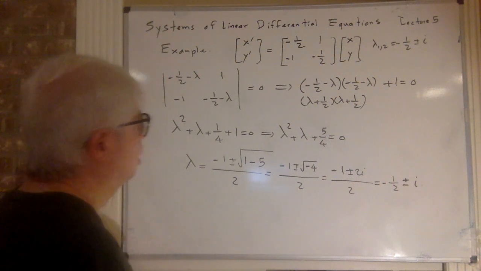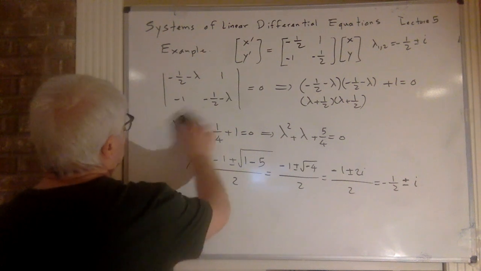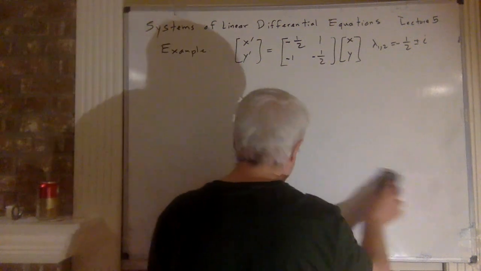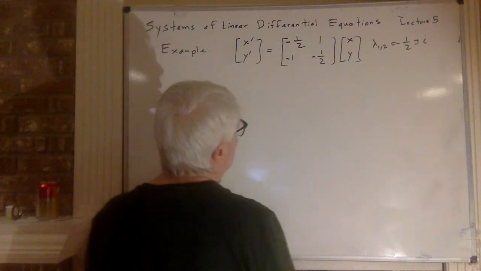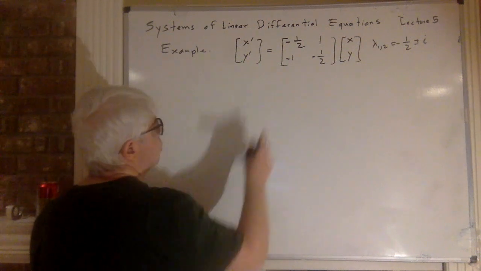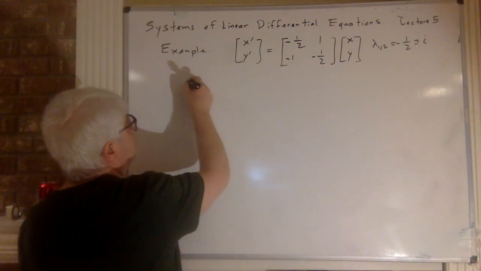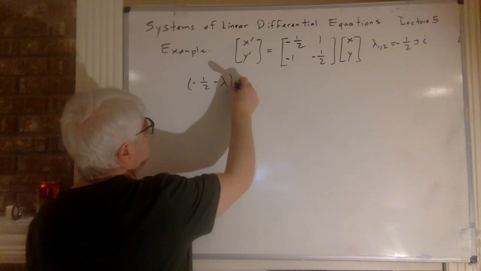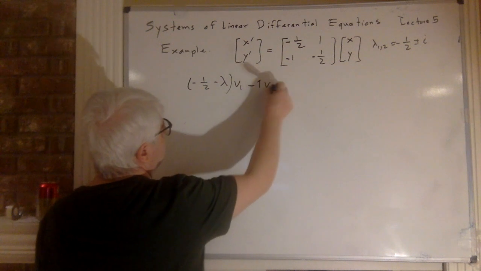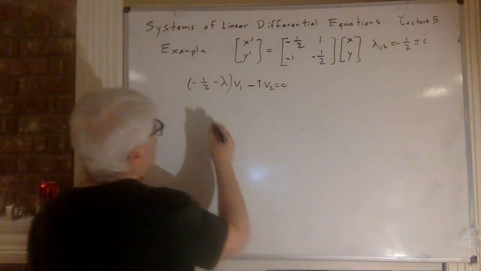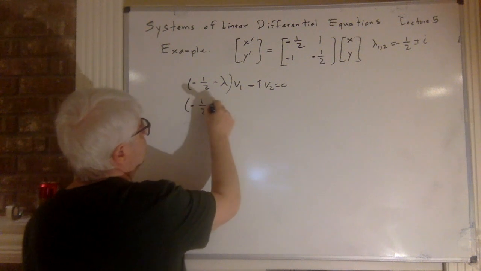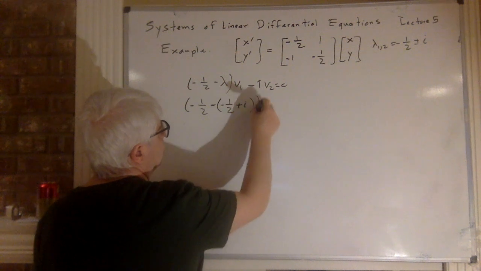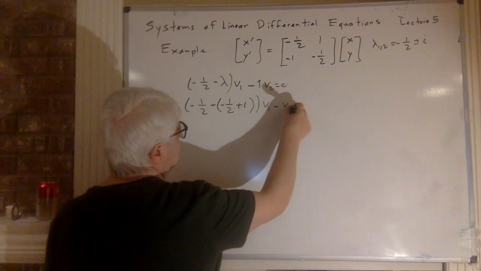So let me erase this and find eigenvectors, and as I said, you just need one of them, one eigenvector. So if I choose the first one, I will get minus 1 half minus lambda, times v1 minus 1, v2 is 0, that's the first row. And so minus 1 half minus 1 half plus i, v1 minus v2 is 0.